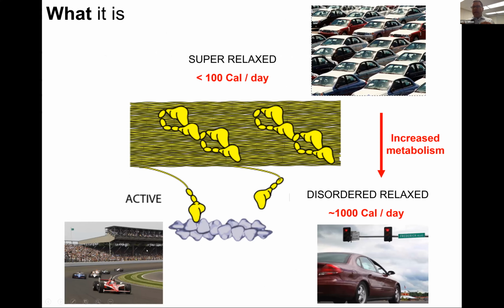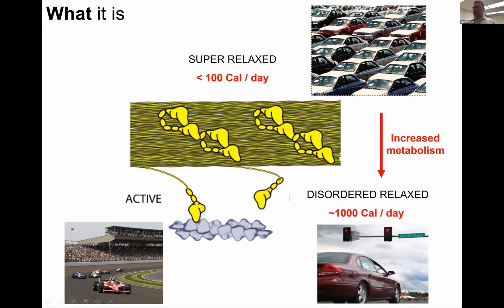So myosin is a very large protein with 2 heads that are bound together through an alpha helical coiled coil. And these 2 heads can be bound to each other and back against their own thick filament backbone that holds them in a helical array, so that they're effectively in total shutdown, burning very few calories, less than 100 per day.